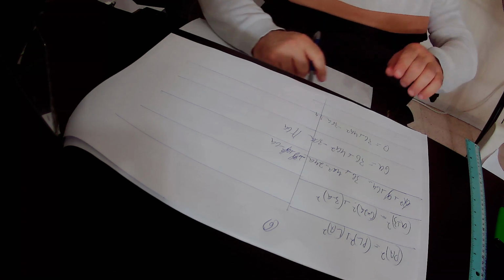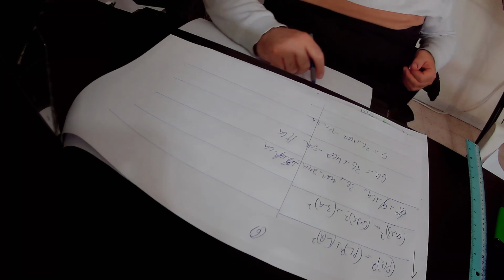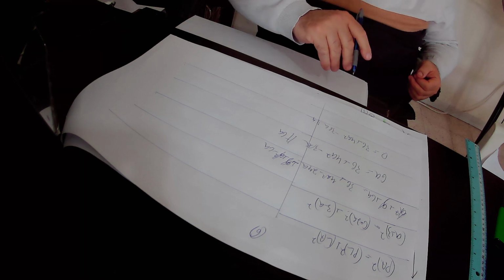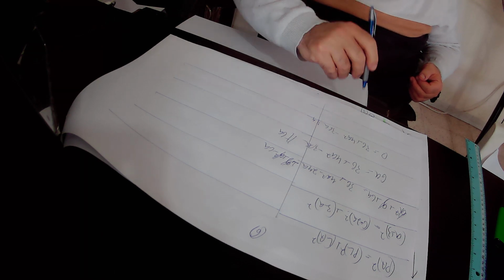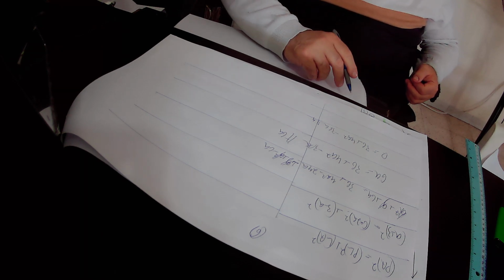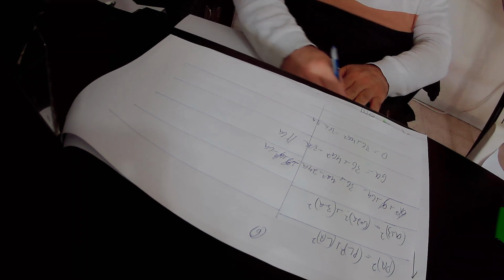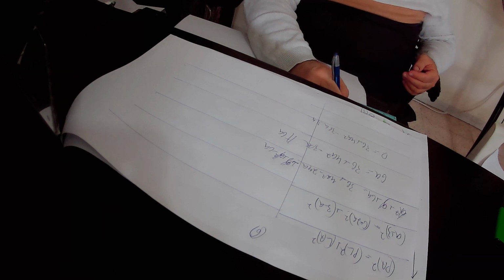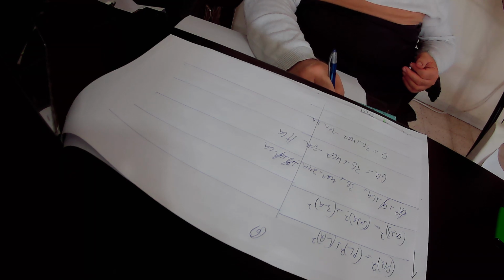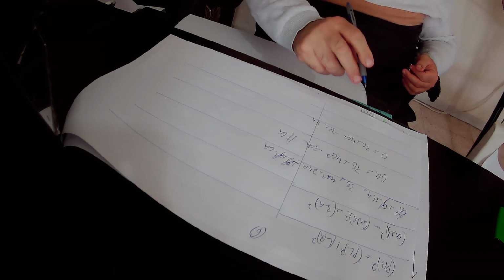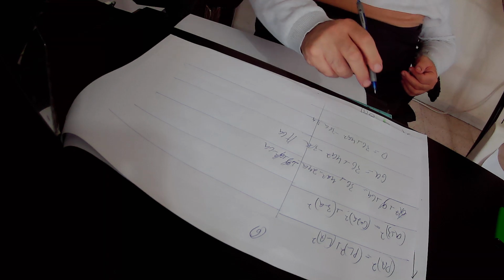Again, we divide this quadratic equation by 4 and we get that 4A square over 4 is A square, minus 36A over 4 is minus 9A, and 36 over 4 is 9.